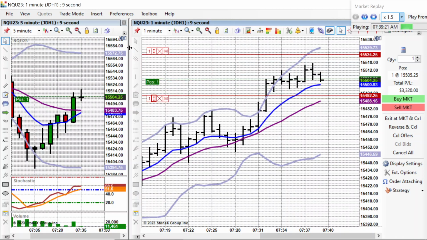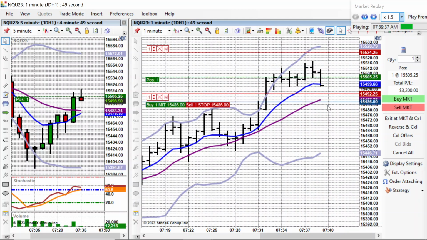Is it going to let me do it? What I'm looking for is I want this to come back up through this previous close. And if it does that, I'll move that stop loss as soon as possible to break even.